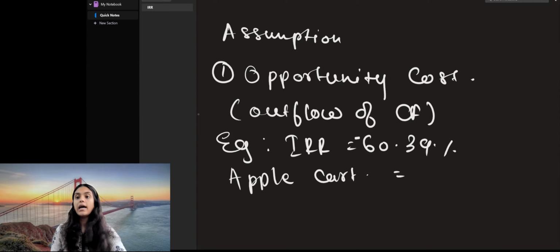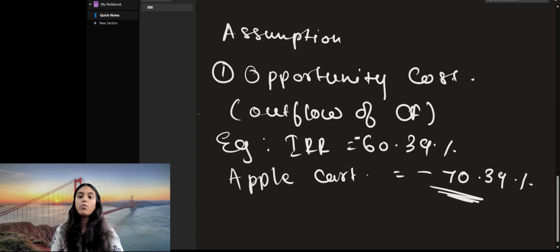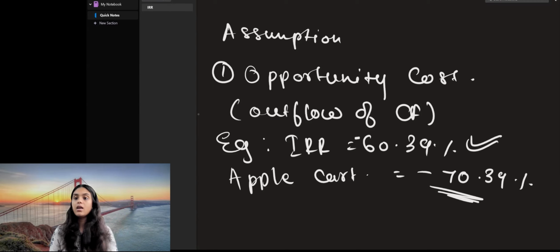You calculate the IRR of that too, and you get a return of minus 70.39%. So now this is way worse than what we are currently getting, right? Obviously you won't choose the apple cart and you will choose our ice cream cart itself.